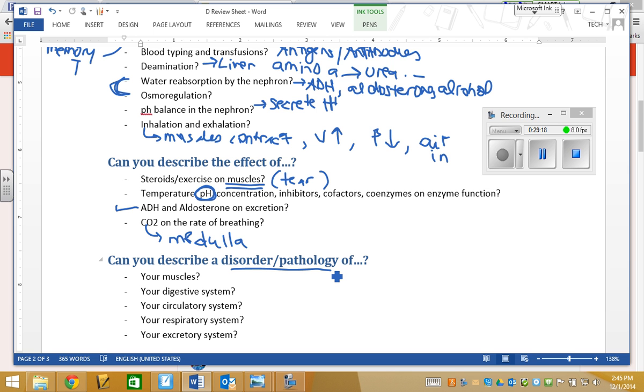So what I'll tell you is there are a couple of questions that involve disorders, but most of them are not based on whether you do or don't know the disorder, but do you know what each part of your respiratory system does? Or do you know what each part of your circulatory system does as its function?